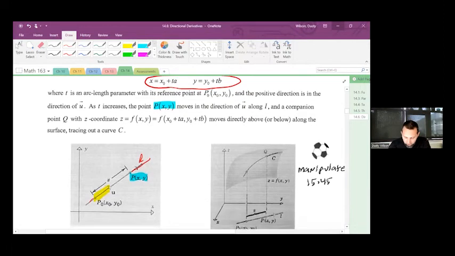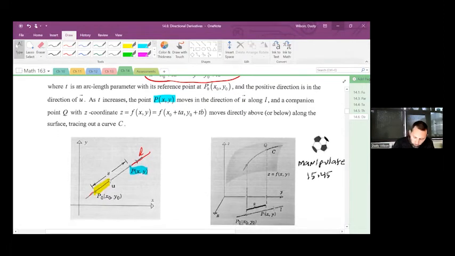So let's see if we can get the 3D in here. So notice that this line L lives in 2 dimensions over here in 2D, but it also lives in 3D, and line L is on the XY plane. And so when you're at P naught on the XY plane, that translates to this point above.